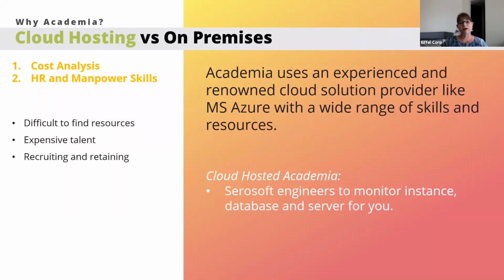Academia uses an experienced and renowned cloud solution provider like Microsoft Azure that has a wide range of skills and resources already available for you to use, eliminating your need for your own manpower and HR skills with regards to an on-premise implementation.